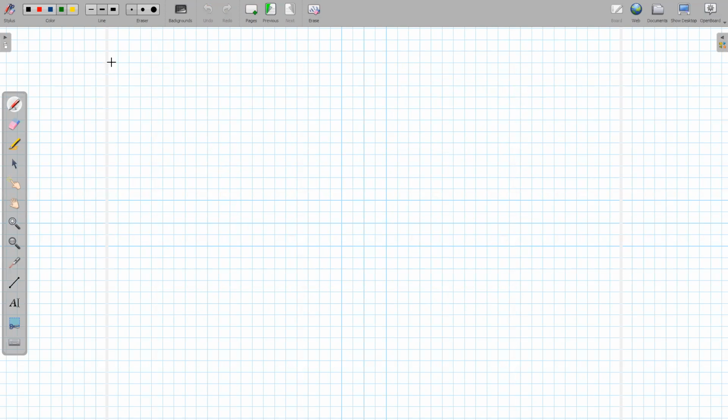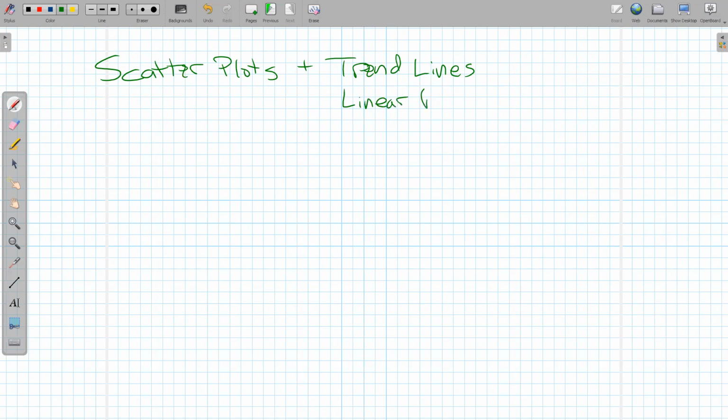So we're looking at scatter plots and trend lines. The typical trend line is also referred to as a linear regression equation.